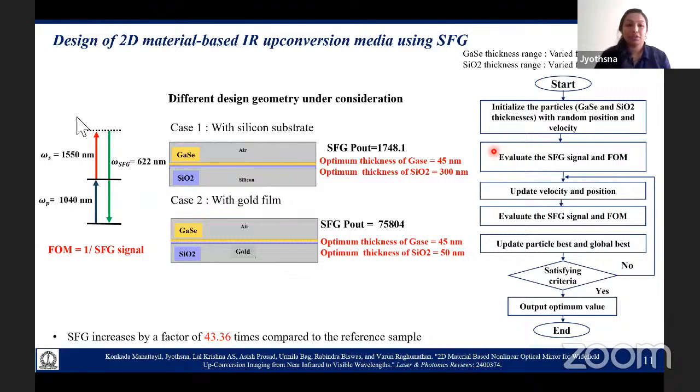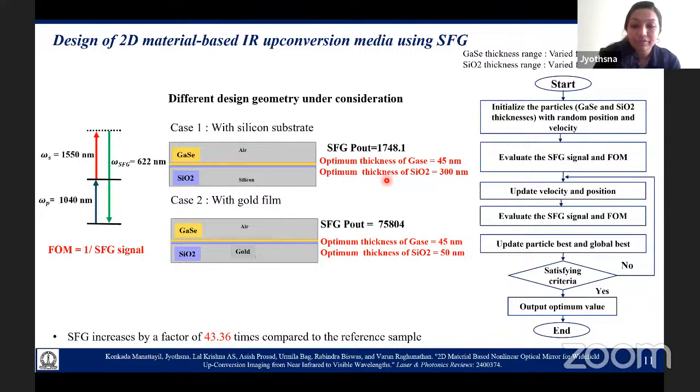Basically the thickness of the 2D material and the intermediate SiO2 layer has a lot of importance in the overall SFG signal generation. So we optimize the thickness of the gallium selenide and the SiO2 using a particle swarm optimization algorithm.